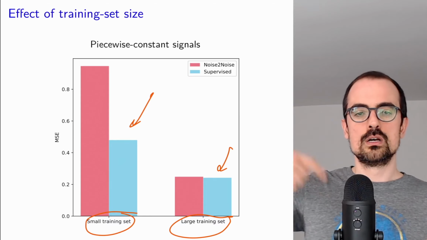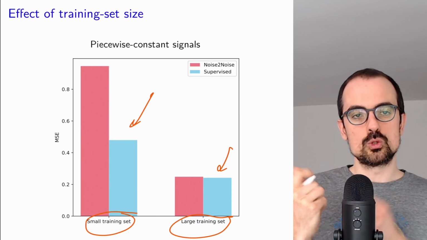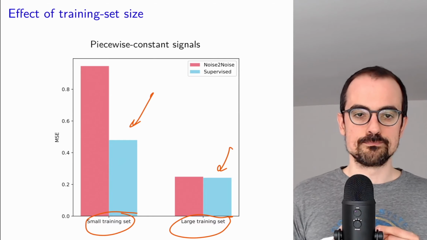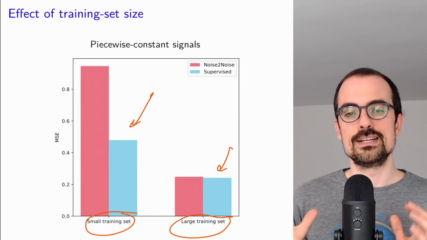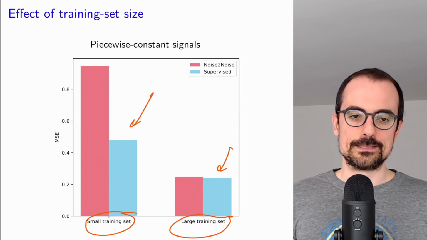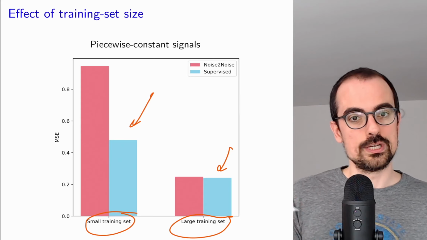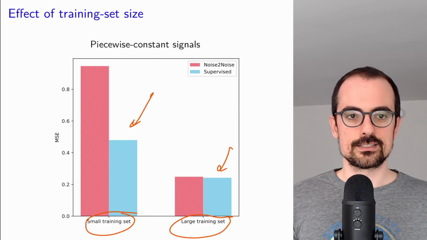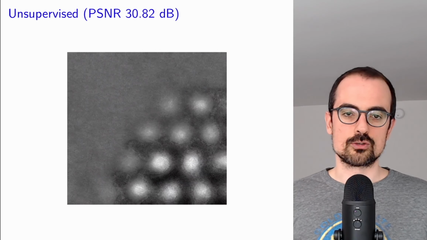You need to go over more and more examples in order to be able to learn the same structure as from a clean noisy pair. So there is a trade-off here. It's not magic. You can exploit this unsupervised cost function, but you're going to need larger training data sets. And this is why we observe worse results for our electron microscopy data.